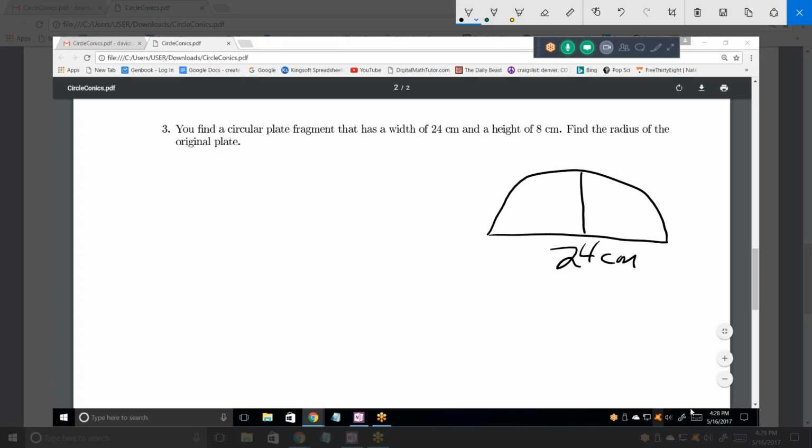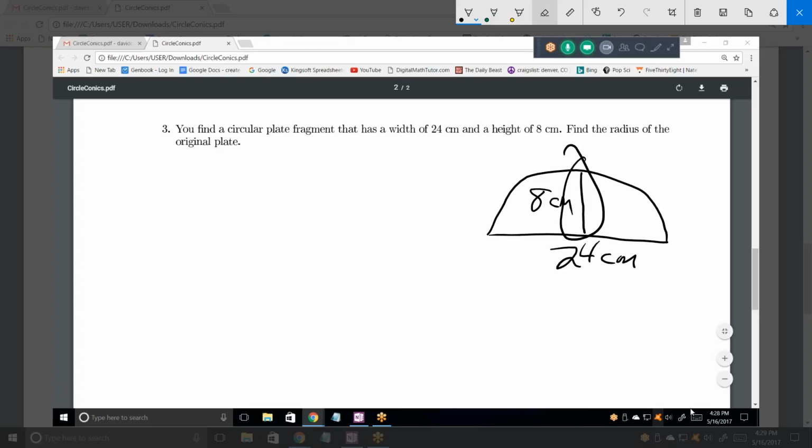That's not even going to work, because we don't know how big the original plate is unless we know how big the fragment is. That's why this problem doesn't make any sense at all. Even if it were semicircular, this couldn't be right, because that would be the radius, and therefore 24 couldn't be right.